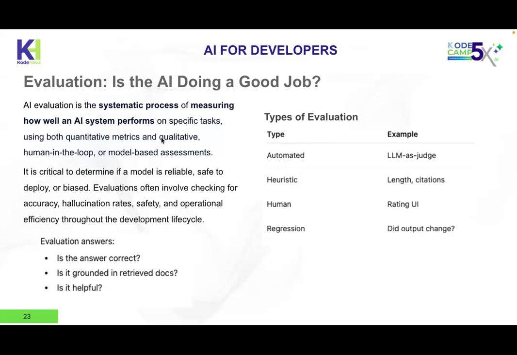So what is evaluation? One of the most important aspects of AI in deployment or in service is evaluation. Evaluation is where you are able to look at your AI product or your AI agent that you have built, and you are able to say it is doing well or it is not doing well. It is a systematic process of measuring how well your AI system performs on specific tasks.